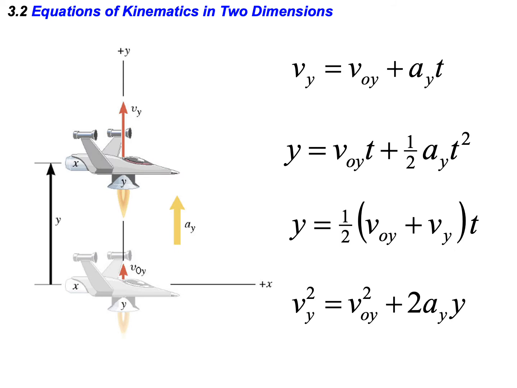In this slide, you see a picture, a plane on a vertical plane. Therefore, it's y direction. It can go up or down. And for this motion, to learn about the speed along y direction, how fast it's moving up or down, or what is the location in y direction, we can use these equations.